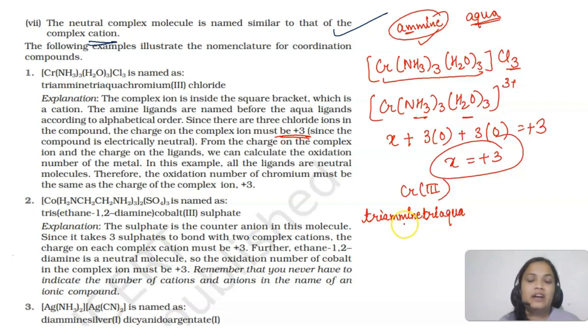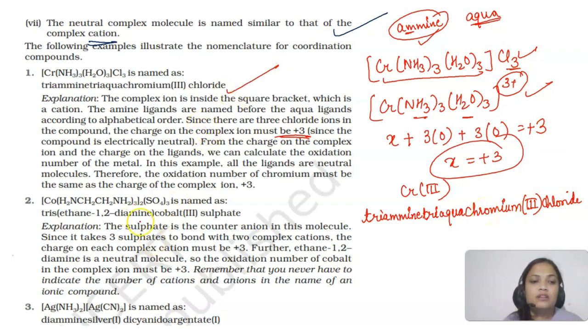Now you have to write the name of the metal. This is a positive complex ion, so the name of the metal will be written as it is, chromium. Now write the oxidation number in bracket, 3, and at the end the counter ion, which will be chloride. This is how we will be writing the name.